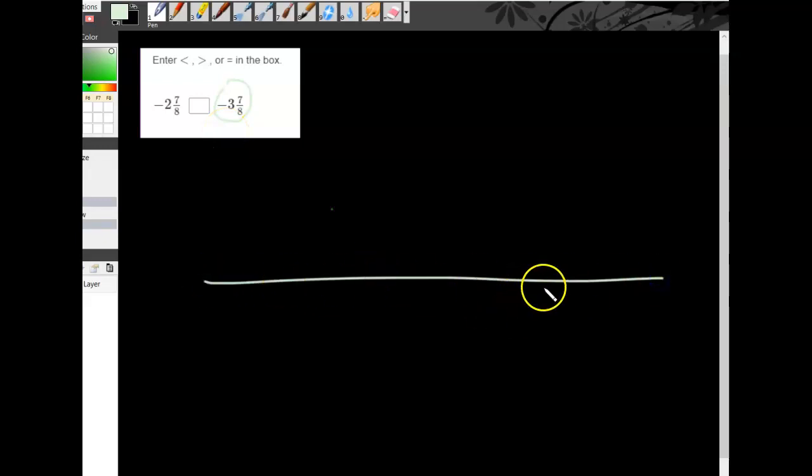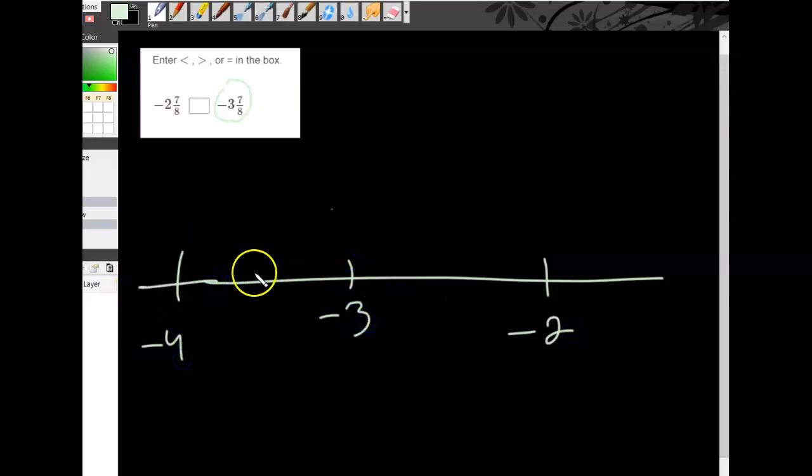If you do a number line, negative 2, negative 3, down here is going to be negative 4. Negative 2 and 7/8 is going to lie about right there. If we chop this up into eighths, 1, 2, 3, 4, 5, 6, 7/8. And then negative 3 and 7/8, it's going to be in a similar position, but down close to negative 4.